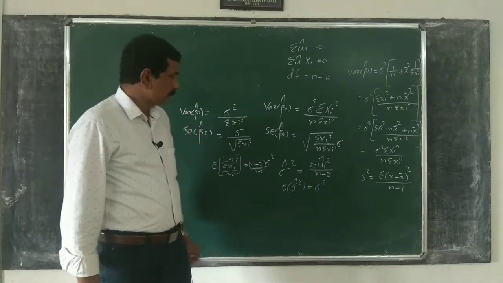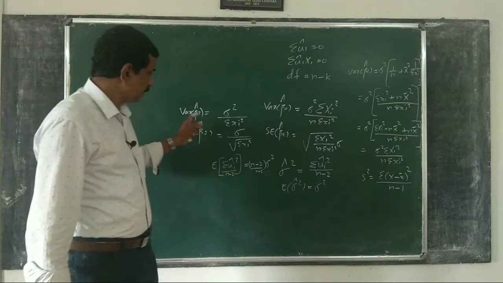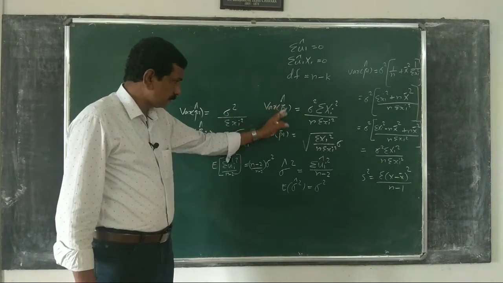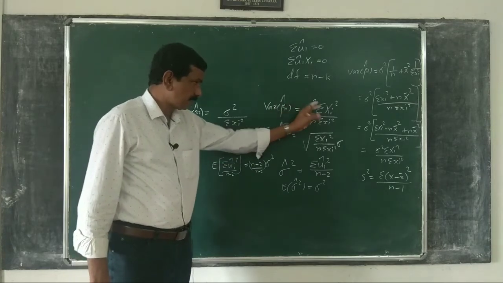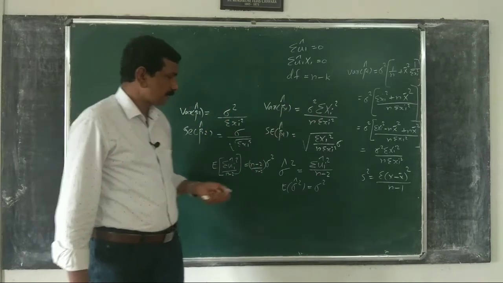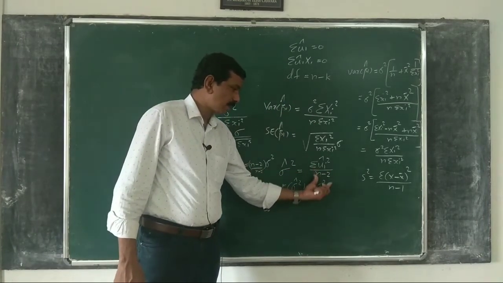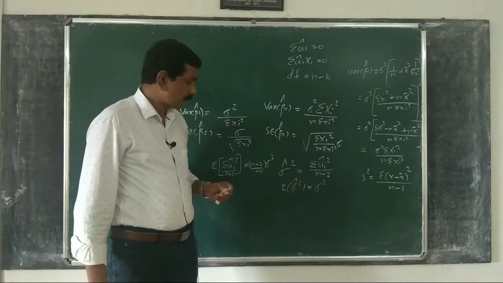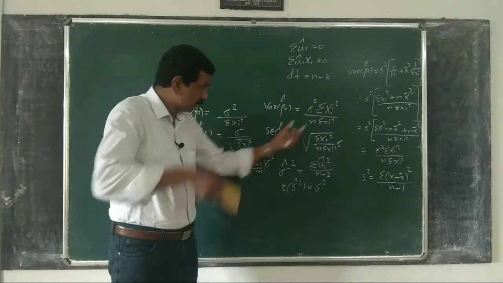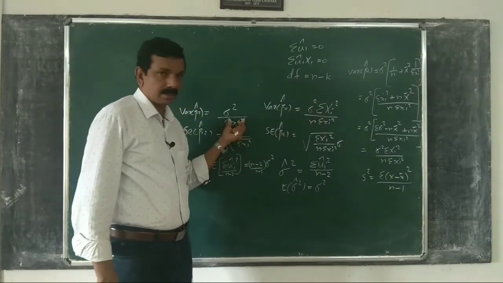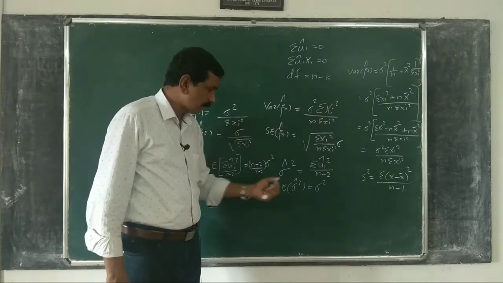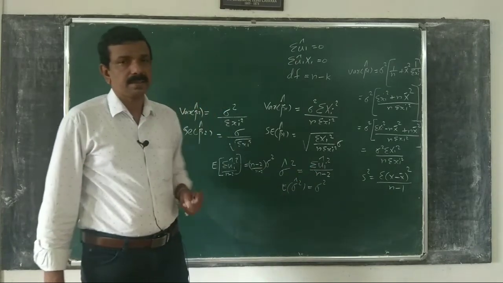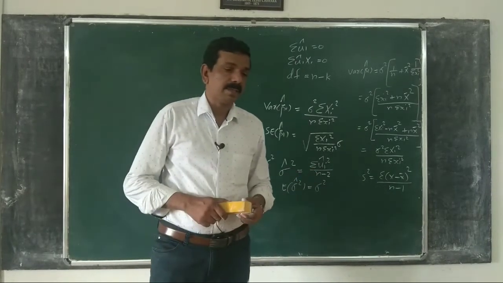So in the formula of variance of beta 2 hat, and also in the formula of the variance of beta 1 hat, sigma square is replaced by sigma u hat i square by n minus 2. These adjustments make these formulas operational. And also remember this, we divide this quantity with n minus 2 to make this estimator an unbiased estimator.